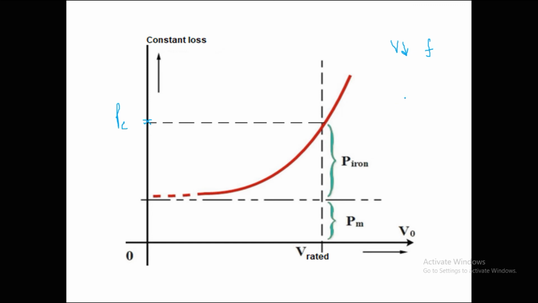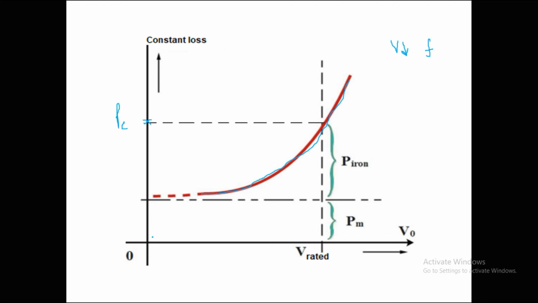So now what we are going to do is conduct the no load test with the reduced voltage. Starting from rated voltage, we are just going to reduce the supply voltage and take some readings. And after collecting all the sets of readings from the no load test, we can get this parabolic pattern. And now for separating this no load loss, we extrapolate this curve towards the y axis.